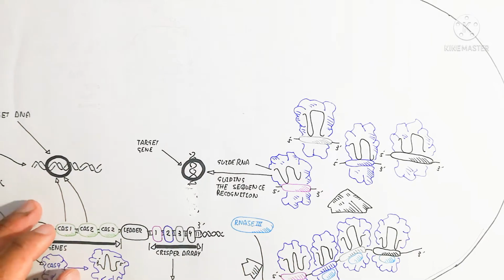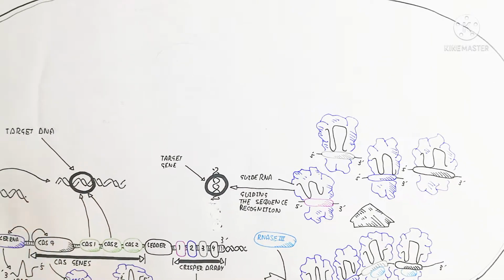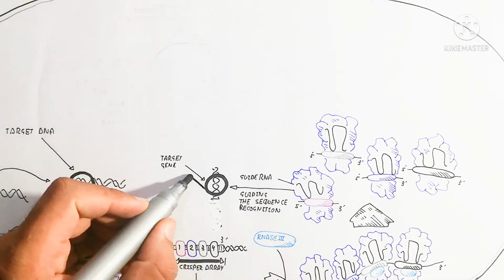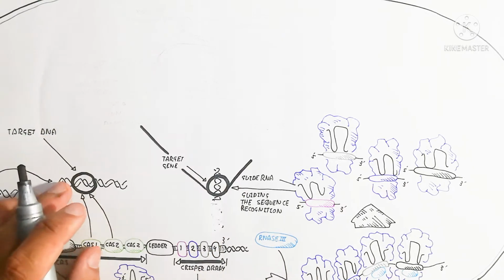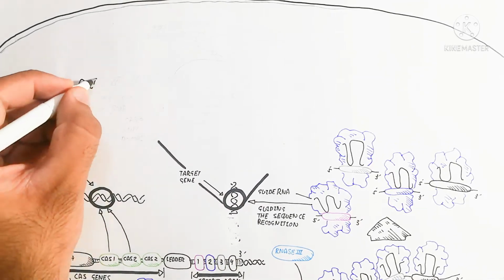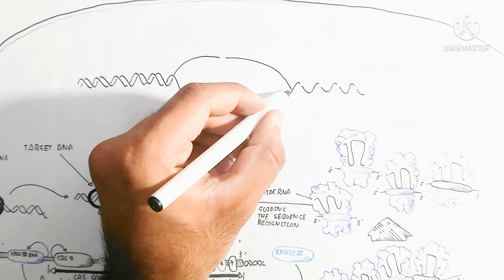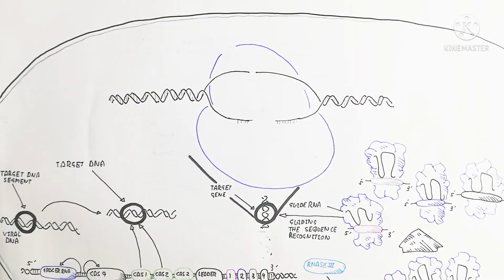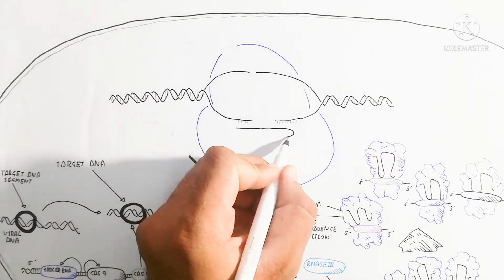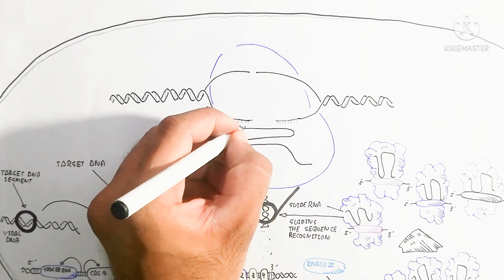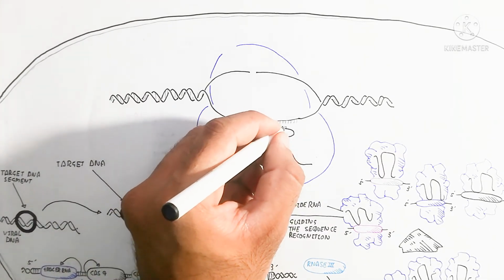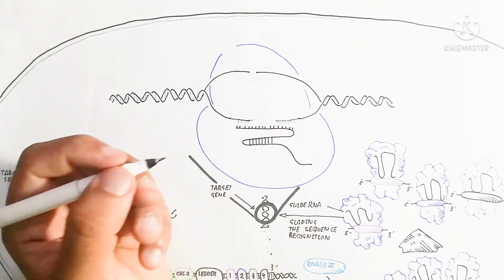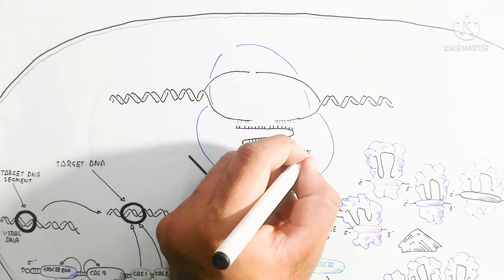So the tracrRNA is also known as the guide RNA, which guides the sequence recognition for the bacteriophage DNA. Here is that sequence of the target gene, which is bound and cut to inactivate the function of the viral DNA.